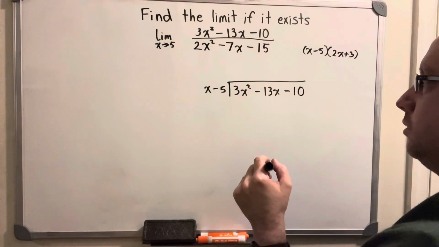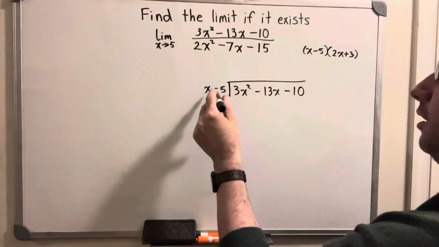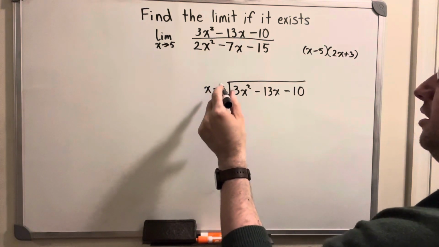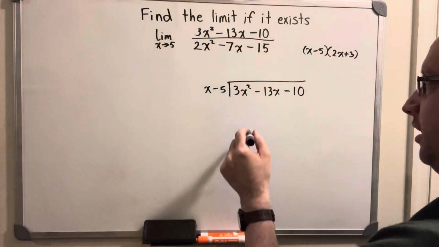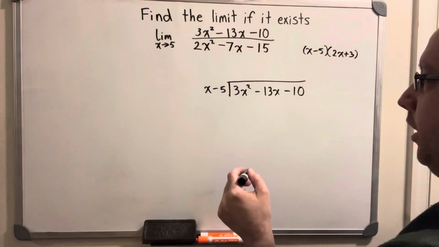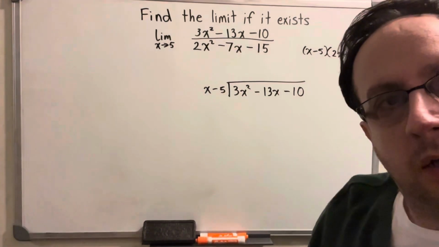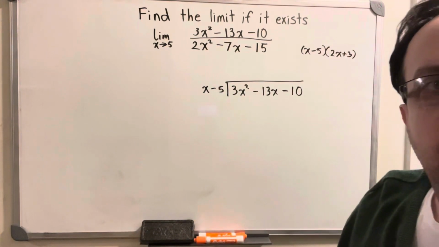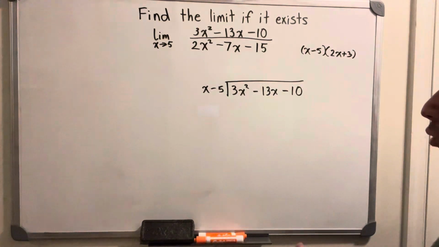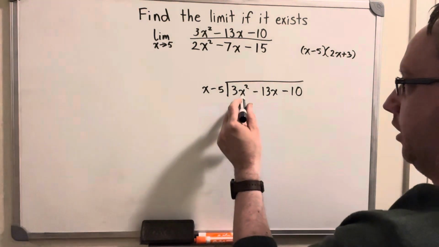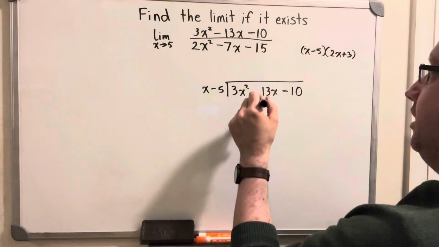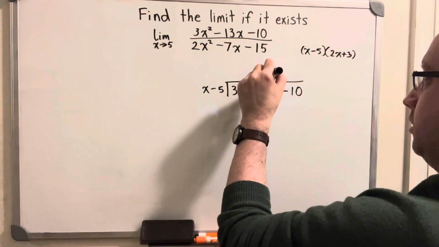So what do we have to do first? X times what is 3x squared? It would be 3x, right? That goes in the x's column.